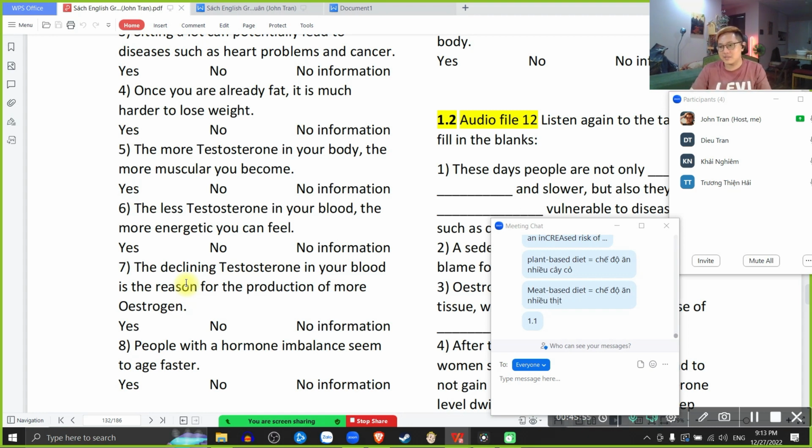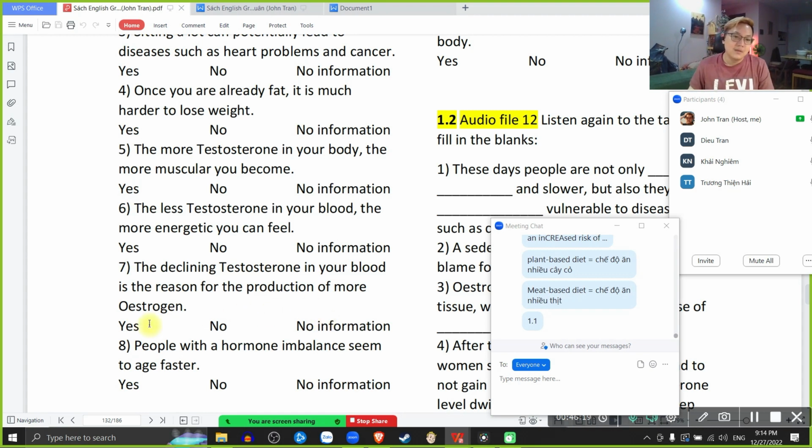Người ta có nói lên một cái mối quan hệ tăng giảm như vậy, nhưng mà nó có thể không phải là cái lý do nhé. They mentioned that one thing decrease, one thing increase. That's a relation, right? Mối tương quan, a relation. But it doesn't mean this is the reason, okay? Không có nghĩa đây là cái lý do chính hay là lý do. So that's why this one is no information.